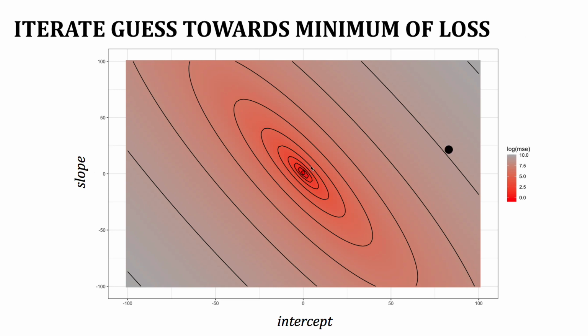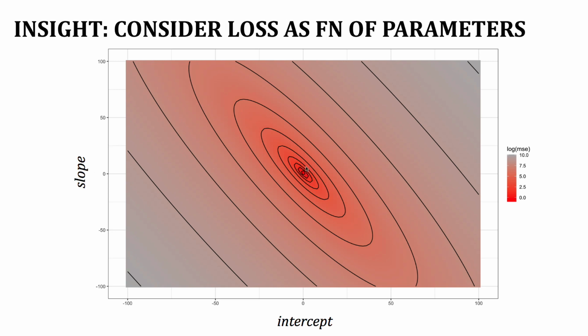So our guess and check strategy was bad because we were just throwing darts at this, right? We were throwing 200 random darts at this plane, and wherever they landed, we looked at the value of the loss and asked which of them is the lowest. But there's no guarantee that we're throwing a dart right in the middle here.